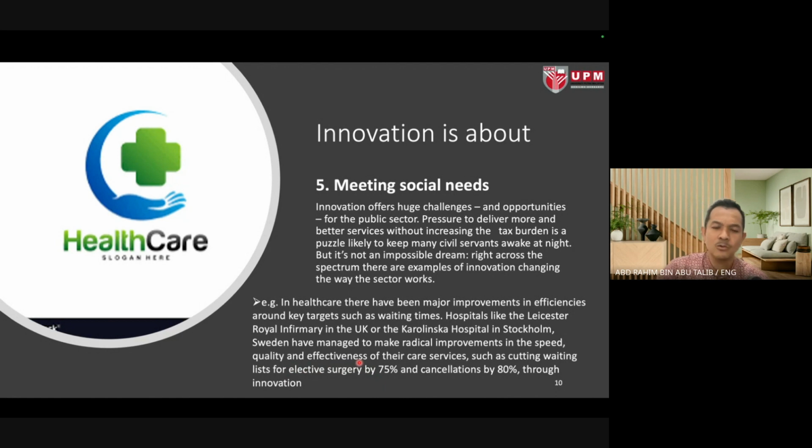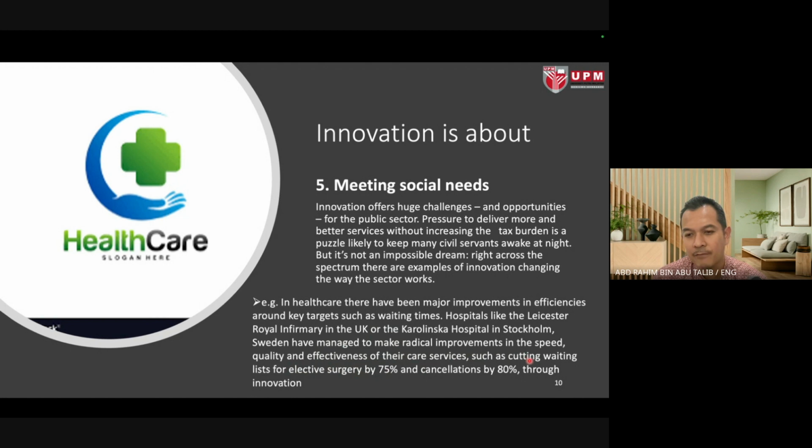For example, if you go to a Malaysian public hospital, you have to queue, you have to come very early. If your appointment is at 8, you come at 7:30, and it doesn't mean that at 8 o'clock you will get seen. You still have to wait, even though you were given an appointment at 8 in the morning, because it is basically first come first served. But with an app system, they ensure the patient will get their appointment on time.